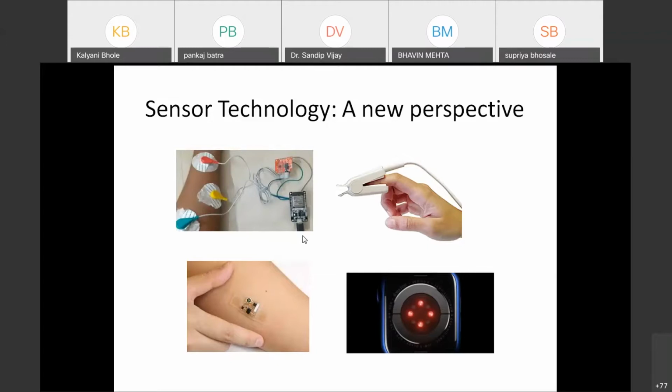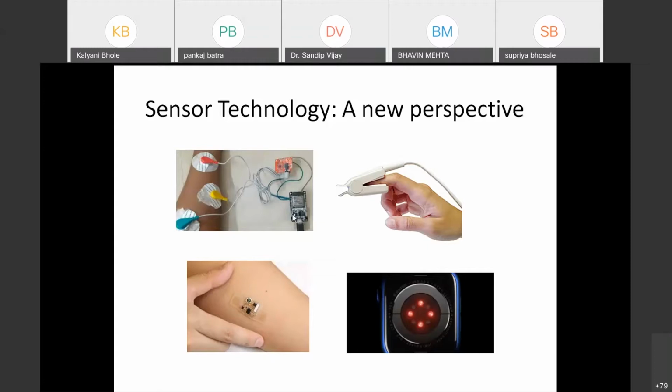So it gives you useful information about the heart. When we thought of measuring, or when we thought of getting the signal, we only knew these are the types of the electrodes. We place a few electrodes on the body and we acquire the signal.